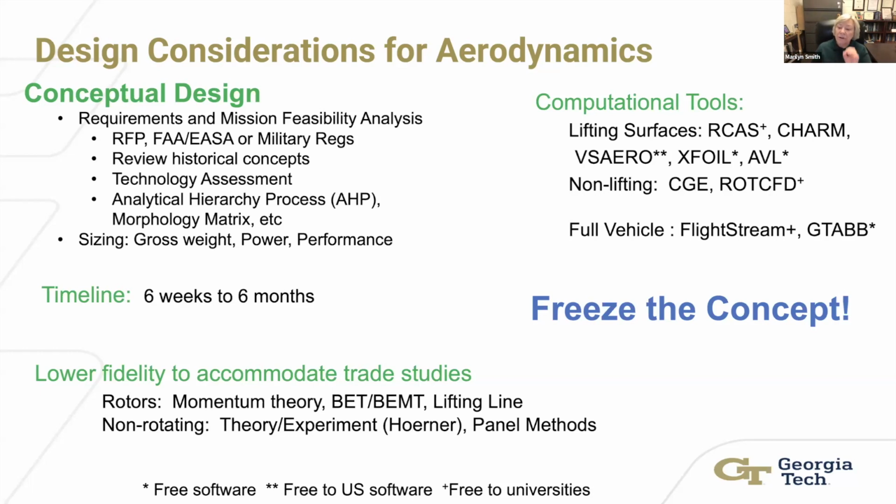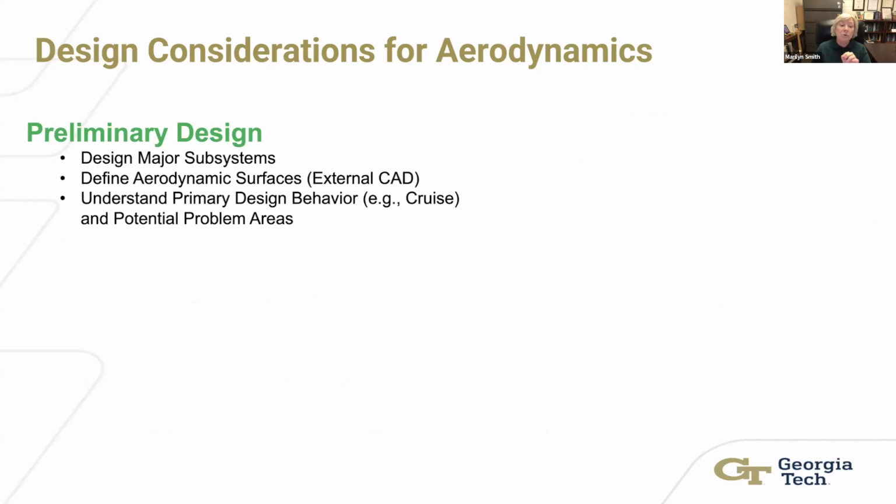Now, once you're done here and you've frozen your concept, how well you did here will play out in the next phase, preliminary design, because if you need to change a lot of things, you didn't do a good job here. Okay, but once you finish this, now you go into preliminary design. All right, now this is where you start looking at your subsystems across the board.